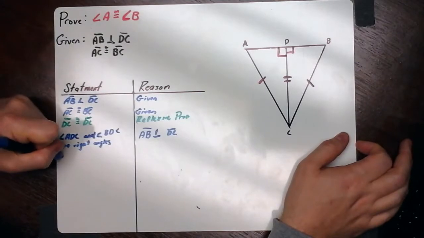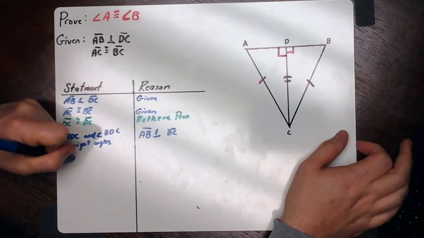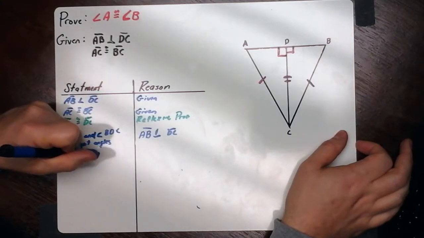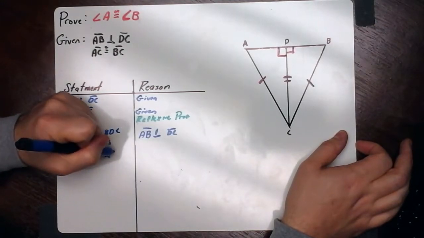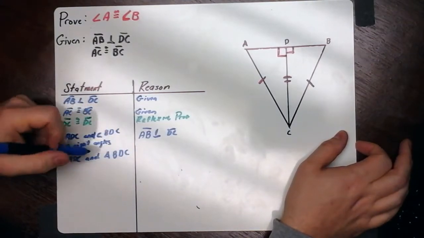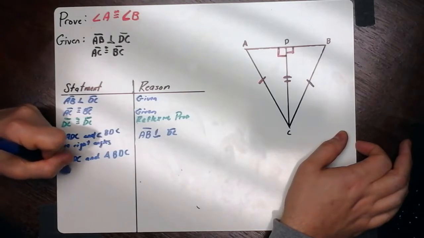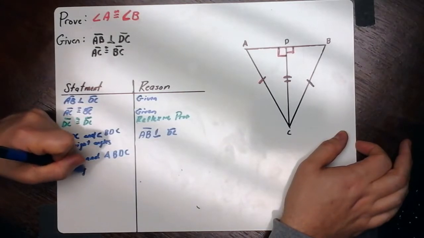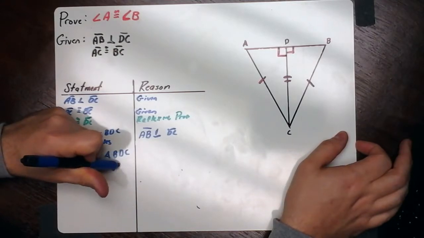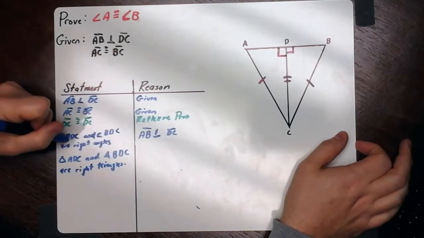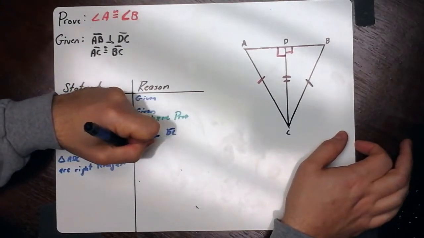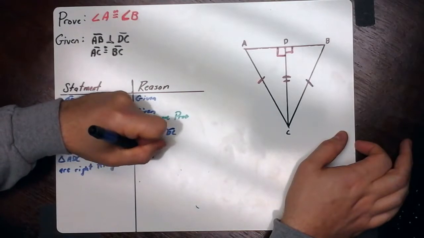So I'm going to say triangle ADC and triangle BDC are right triangles. And to shorten this, to make my life a little bit easier, I'm going to say it's a property of a right triangle, that's listed above.